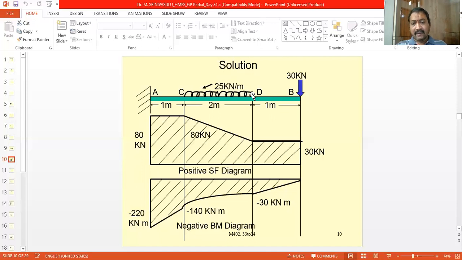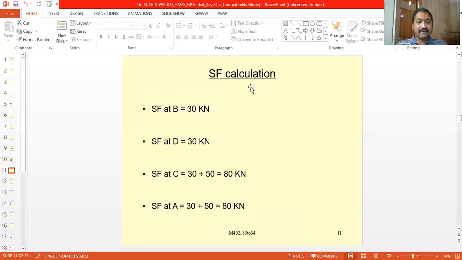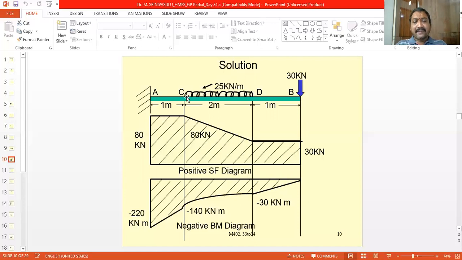We can consider either the left or the right, so I am considering the right of the section. If we take a section at point D, to the right of D, 30 kN is acting downwards. So the SF at D is also equal to 30 kN. That is, the shear force at points B and D are the same. So the same shear force continues from point B to point D.